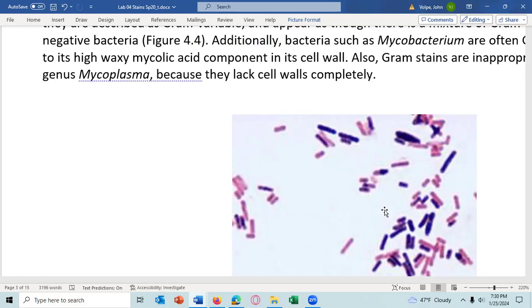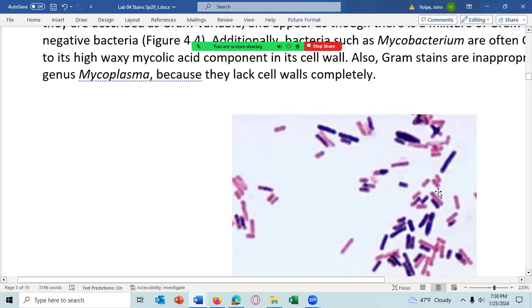And that's because you do need intact cell walls and viable cells in order for the gram stain to stain correctly. The gram stain is not staining well here because there's two different types in one species. And the reason is because we're not using freshly grown cells.